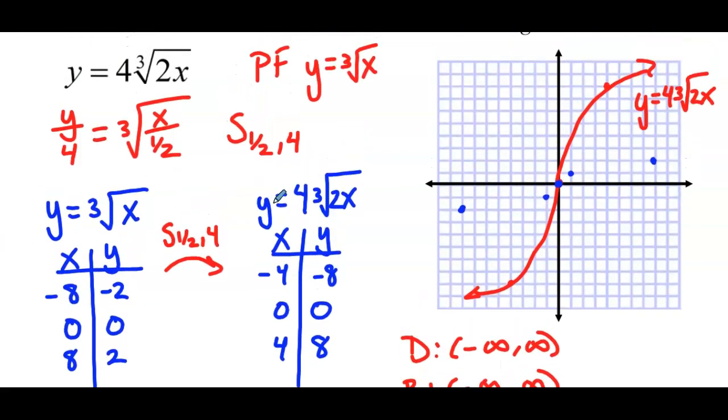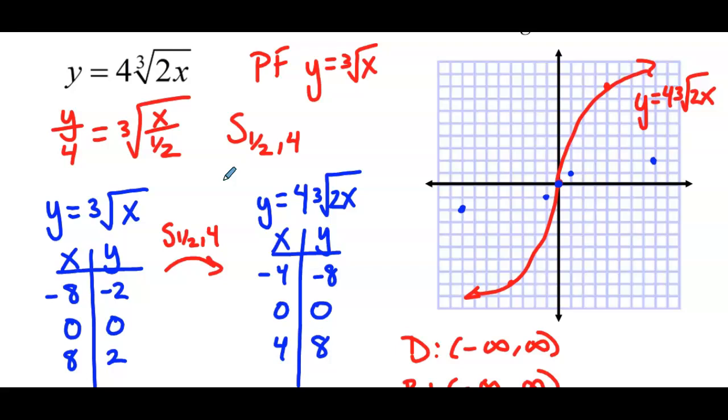But really the idea here, just to emphasize some key points, is identify your parent function, right? So we know what the graph looks like, what this table of values should be. Rewrite it in this form, where we're dividing the x and the y by the scale factor. And then just apply that scale factor to create our new table of values.